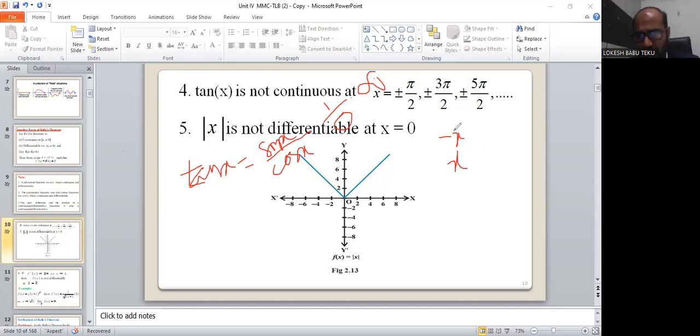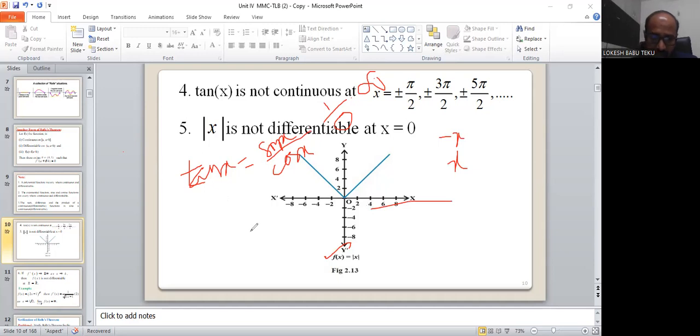So at x equal to 0 the value is 0, so it is continuous. But if you test the differentiability, the right derivative is the limit of (0 plus h minus 0) by h, which gives plus 1, and the left derivative is (f of 0 plus h minus f of 0) by minus h, which equals minus 1.